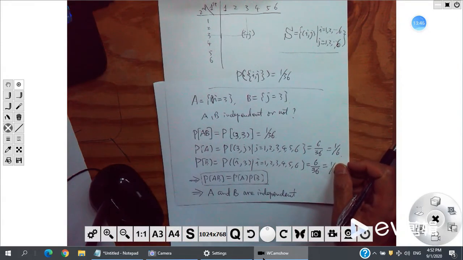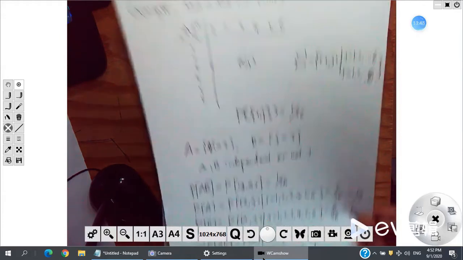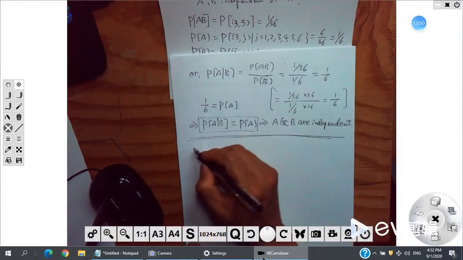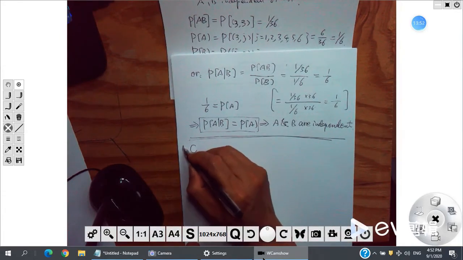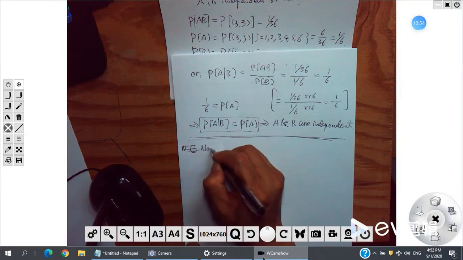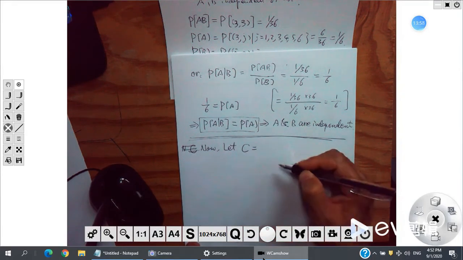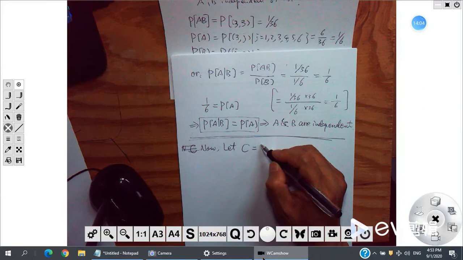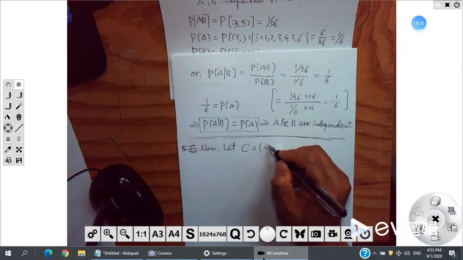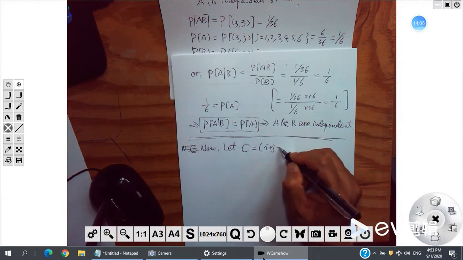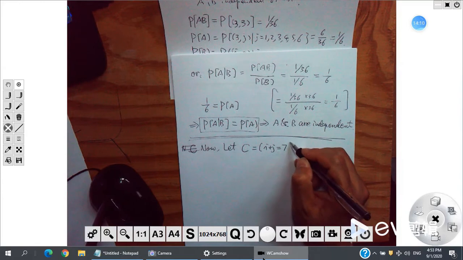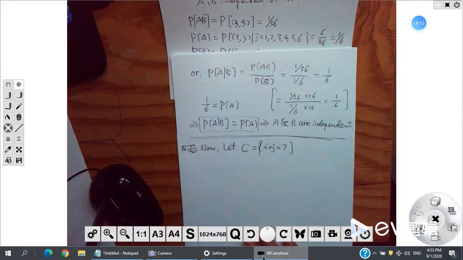A, B. Now I consider C. Let C equal to, I also want 6 elements, so I want I plus J equal to 7. You can see this. This is C.